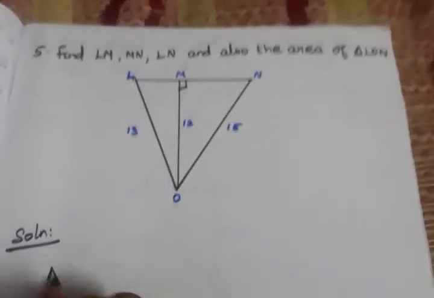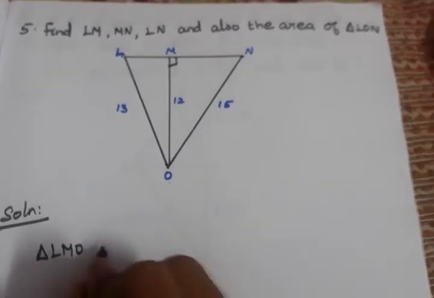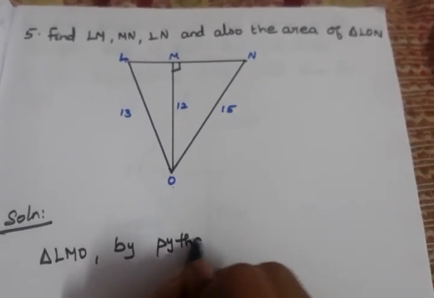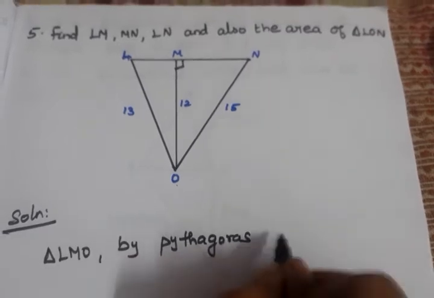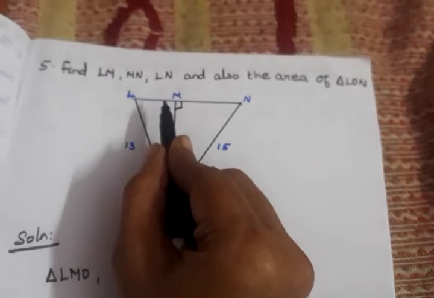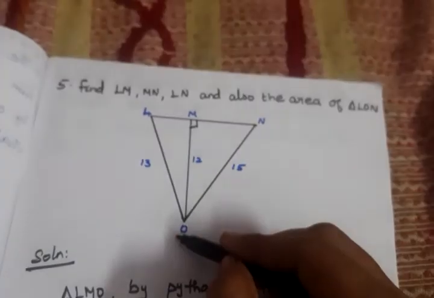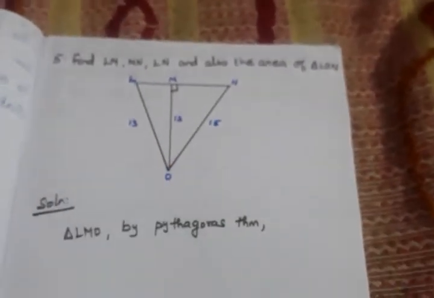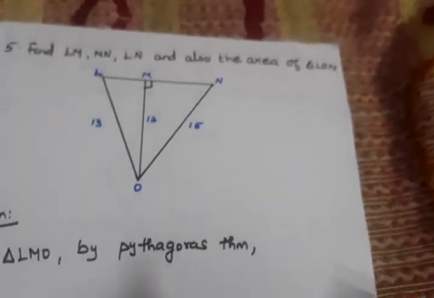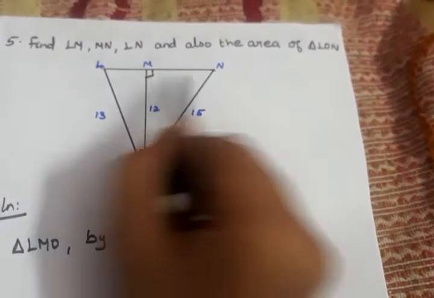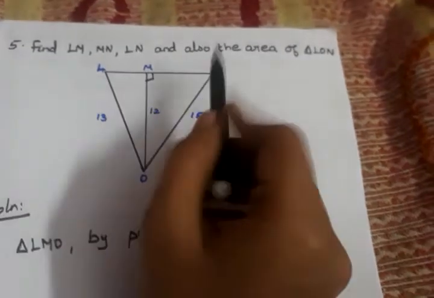So triangle LMO, by Pythagoras theorem, LM square equal to OL square minus OM square. Okay. So first, this side is the hypotenuse. Find the value of LM and MN.